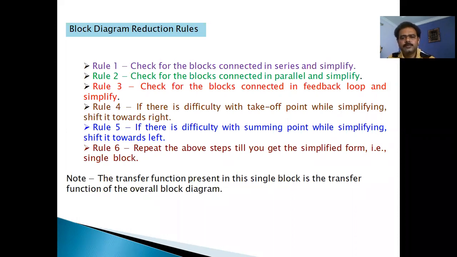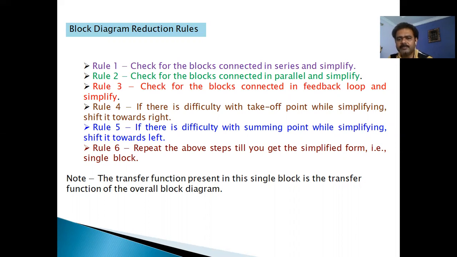Fourth rule: if there is any difficulty with the takeoff point while simplifying, shift it towards the right, that is, move the takeoff point after a block. First we merge the series connections, next parallel connections, then eliminate feedback loops.